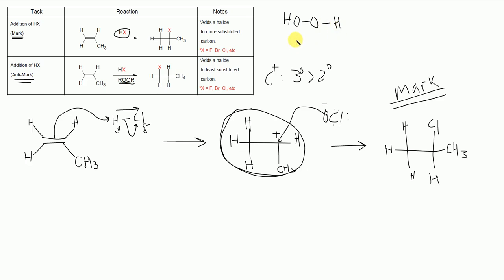Okay, they look like this: O, O, and then something, right? So R means any general R chain, and we have this. So these are two common peroxides, right? It could be CH3OOR, CH3OOCH3, anything like that.